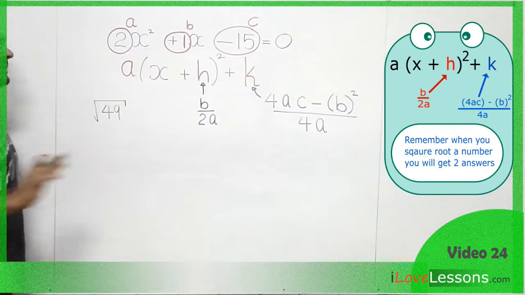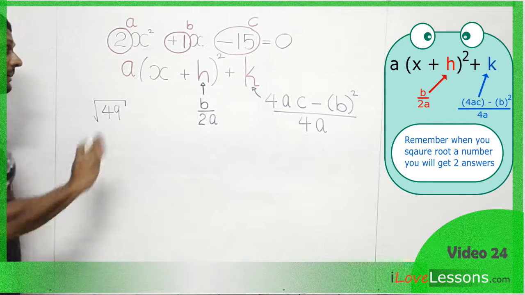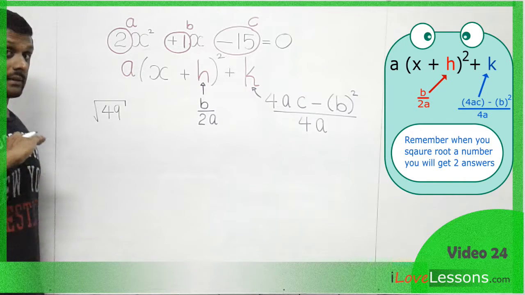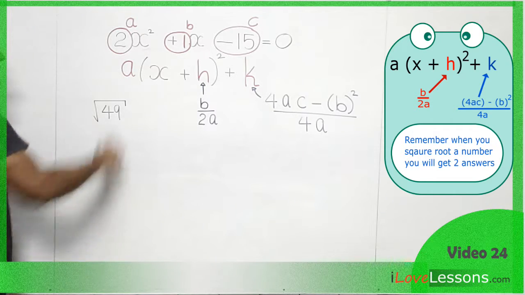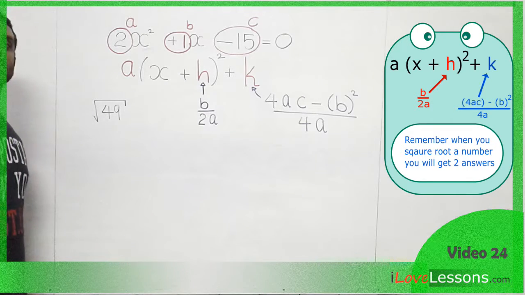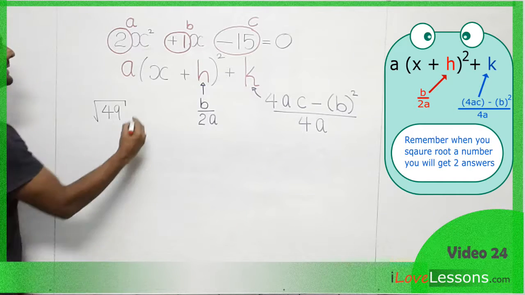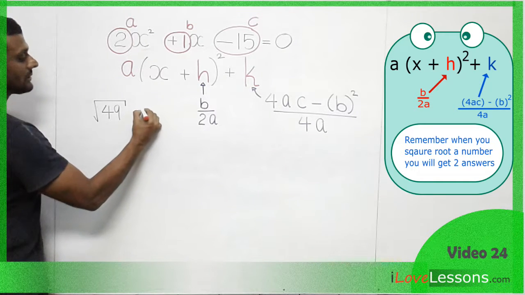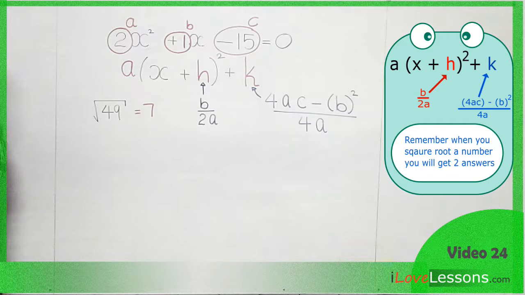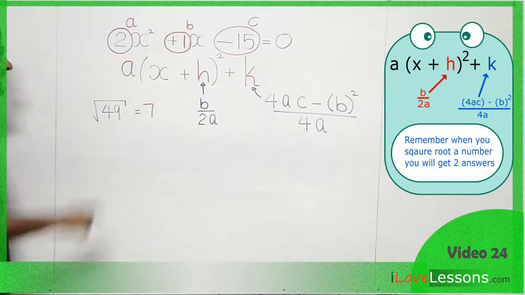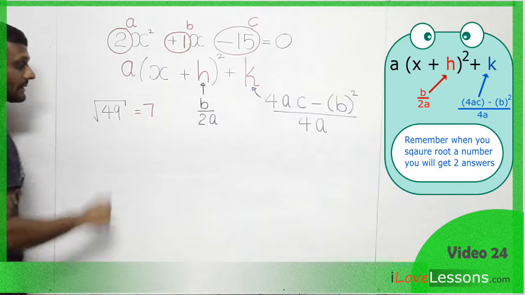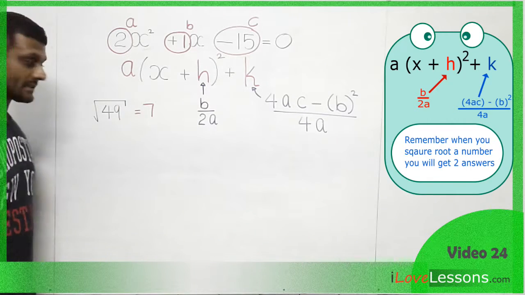Now, before we move any further, because we're going to bounce up one thing, I just want to clear it up one time. If I ask you how much is the square root of 49, most people would say, hey, the square root of 49 is 7. But that's not the full answer. Anytime you square root something, you get two answers.